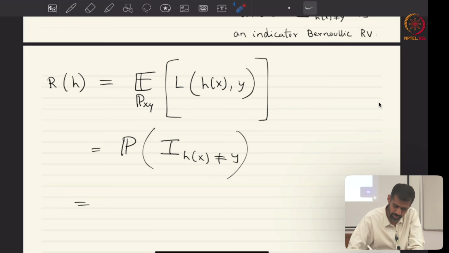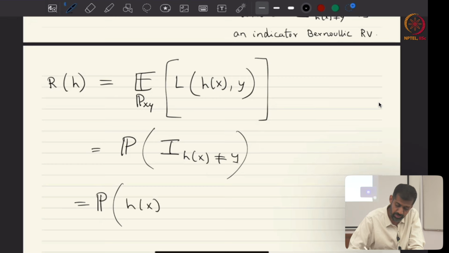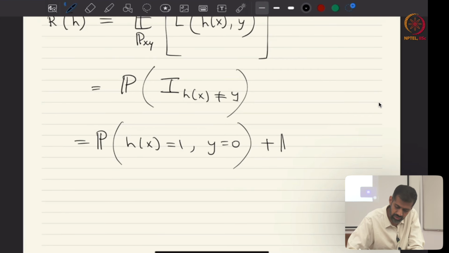This is equal to the probability of h of x predicting 1 and y equal to 0, plus the probability of h of x is 0 and y equal to 1.